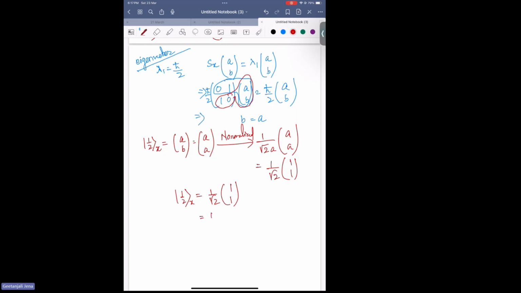Now if you look at this eigenket, you can write it as (1, 0) plus (0, 1).